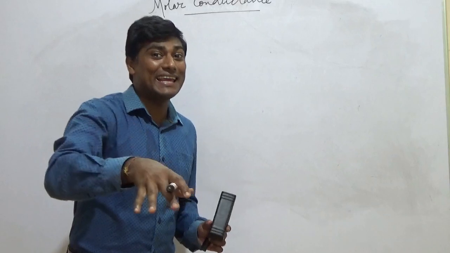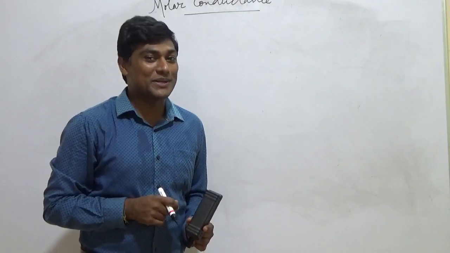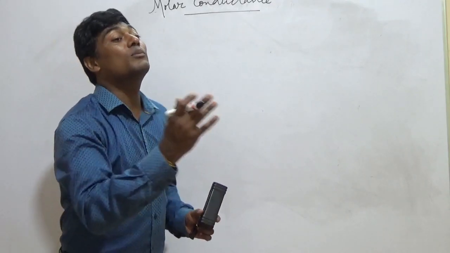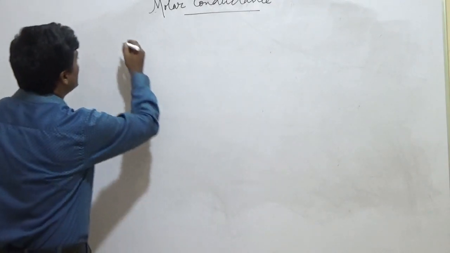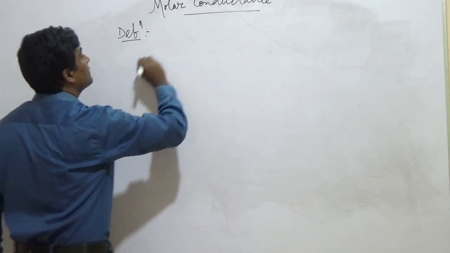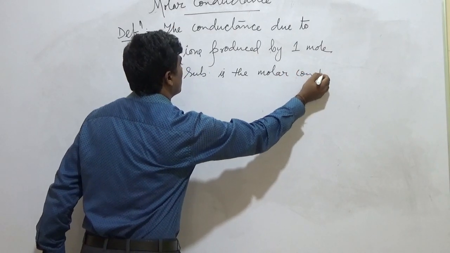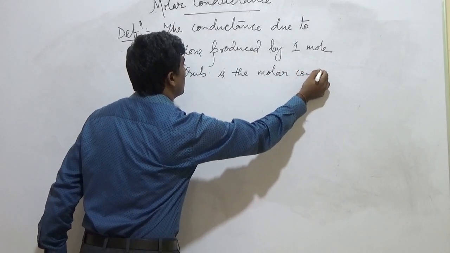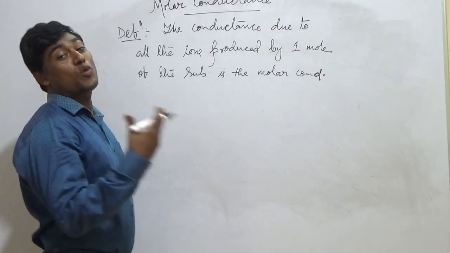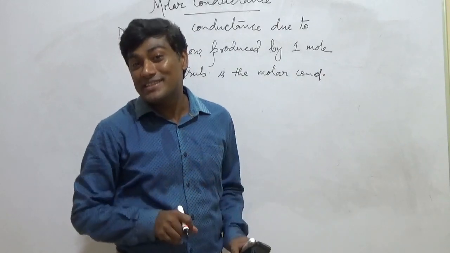Like you were taking 1 gram equivalent of the substance in case of equivalent conductance, here you are taking 1 mole of the substance. So the definition is like this: you have to take 1 mole of the substance and you should get all the ions produced due to it.